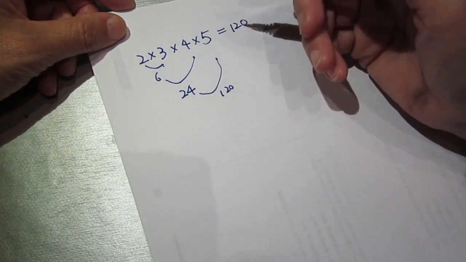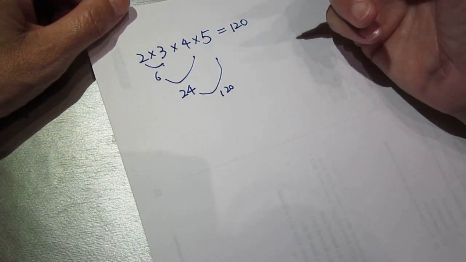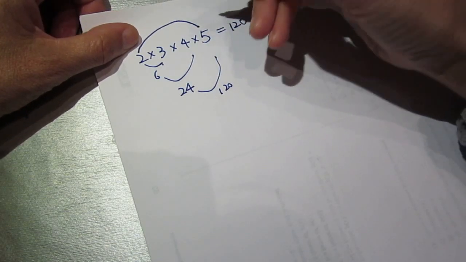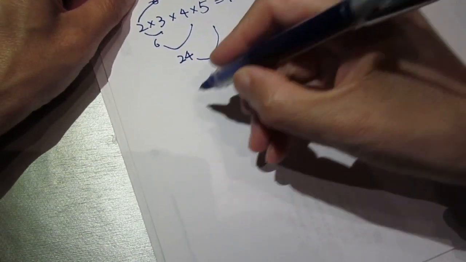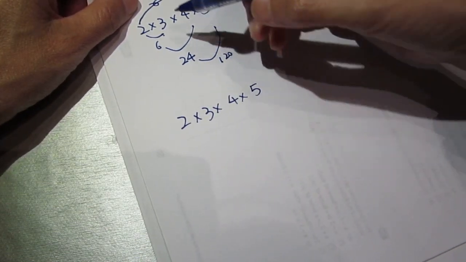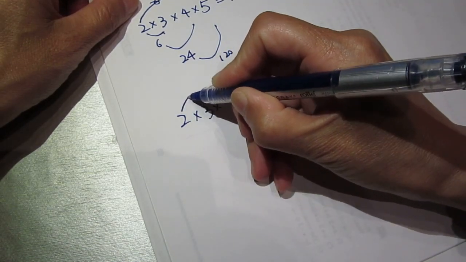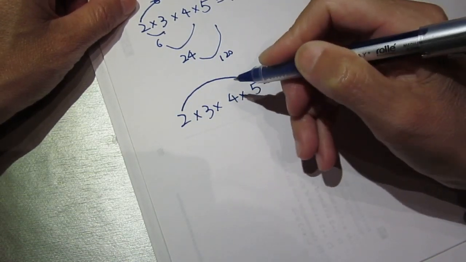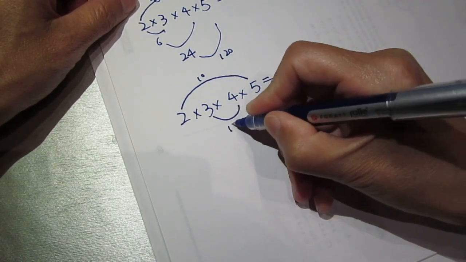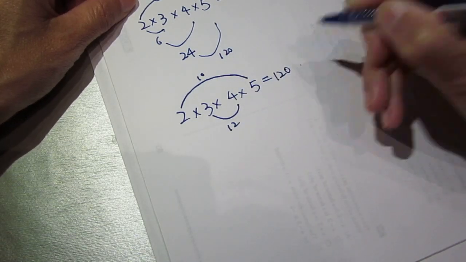You do it according to its order from left to right. But you can make it much easier. 2 times 5 is 10, 3 times 4 is 12. So 12 times 10 is 120, right?